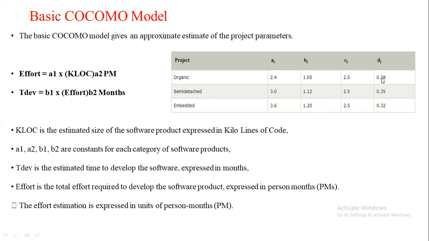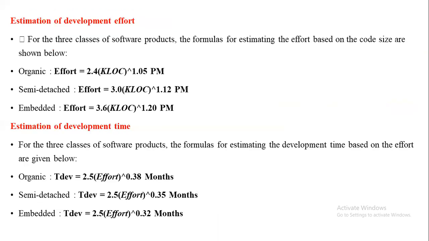So according to the type of project, we have the constant values. Using this formula, we can easily calculate how many persons are required for the software development and how many months it requires for the development.